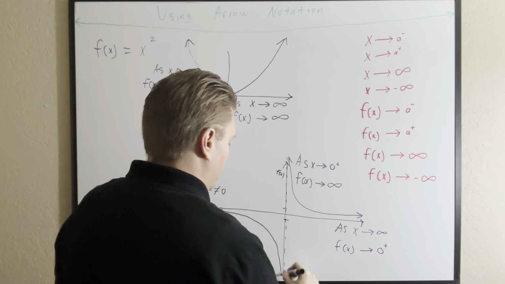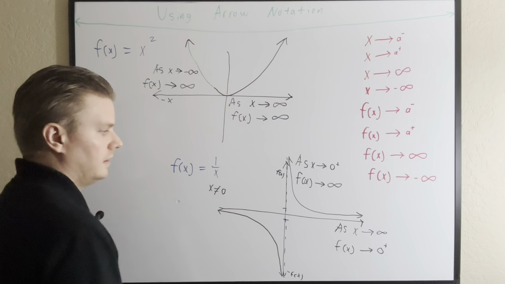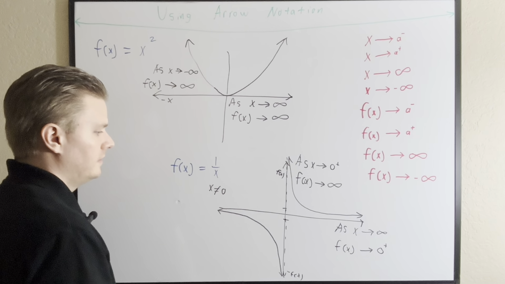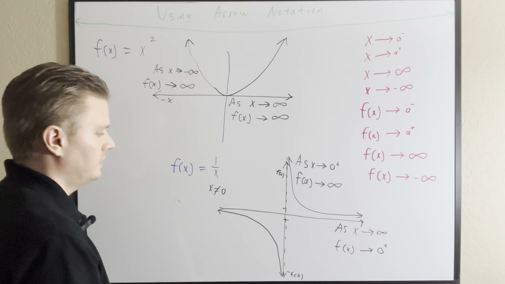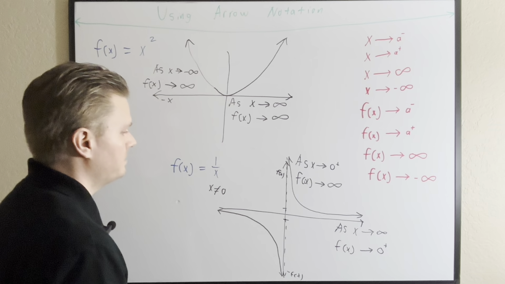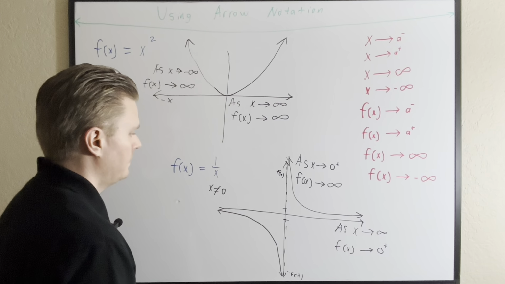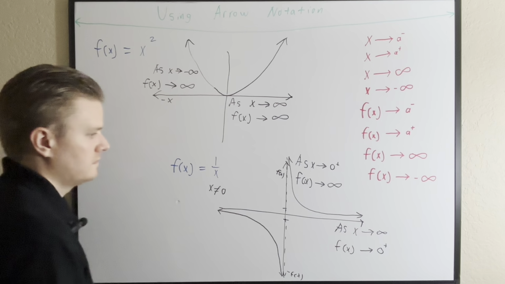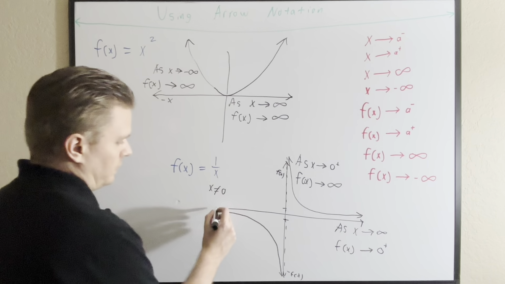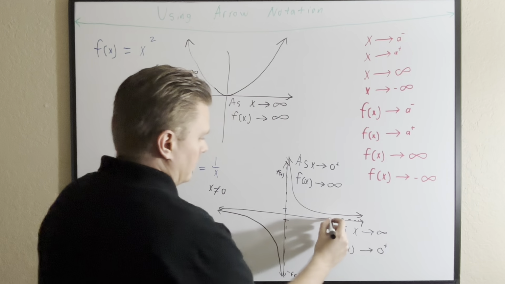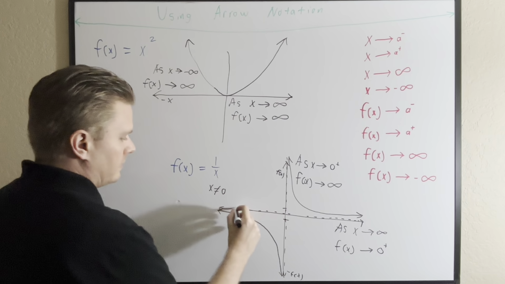You know what an asymptote is? It's kind of a restricted value of a function. You just can't reach it, right? Same goes for the y-axis here. That's a restricted value as well.